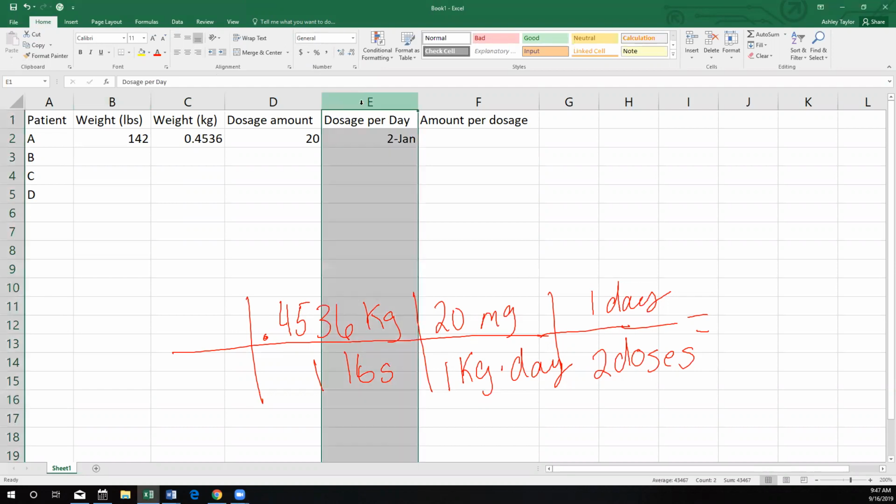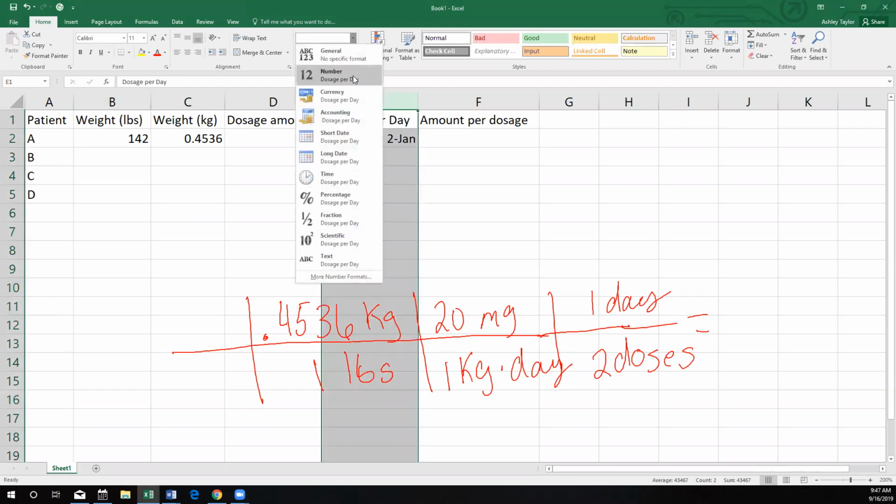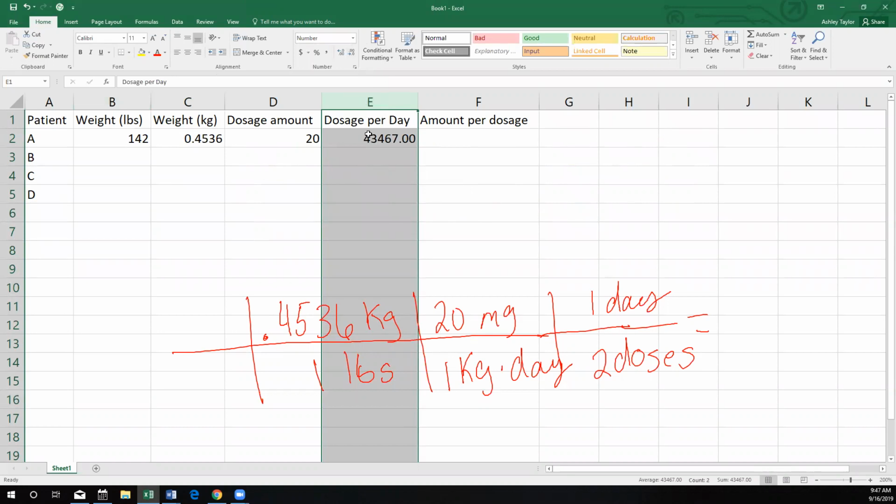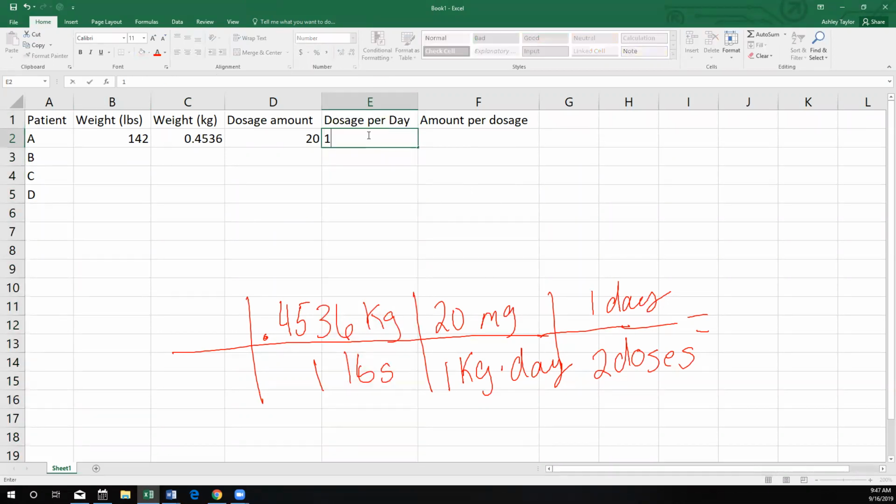And instead of general, I'm going to change this to number. And now I've got to enter this in one more time, 1 divided by 2, that will give me 0.5. So whatever's in these are fractions, if you want to look at them that way, and they're multiplied times each other.